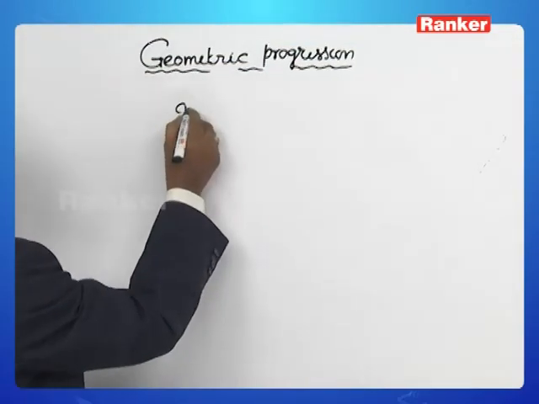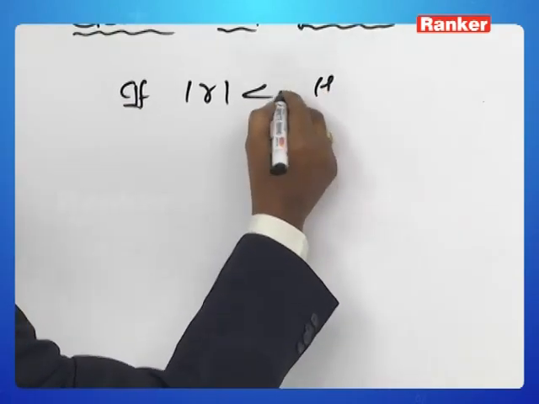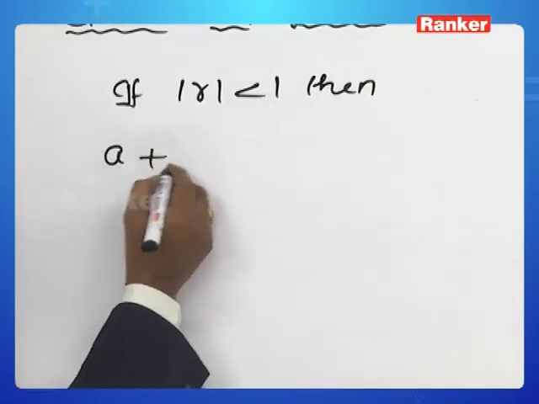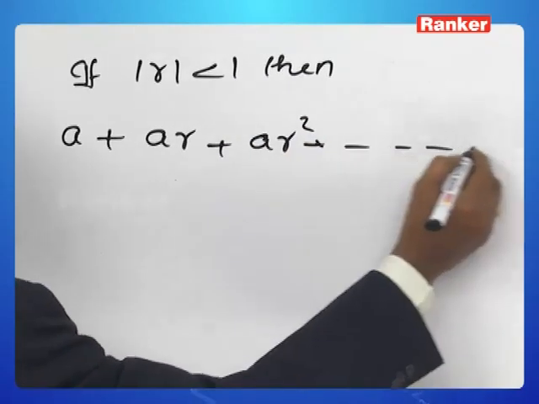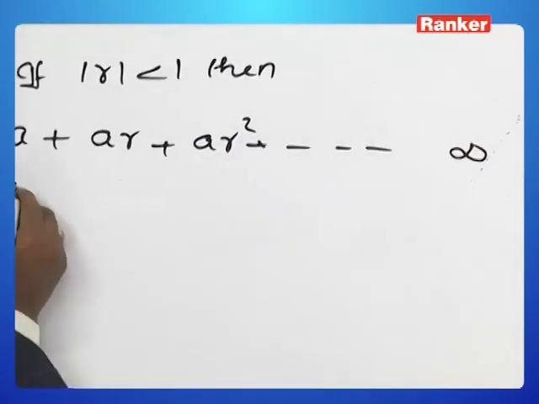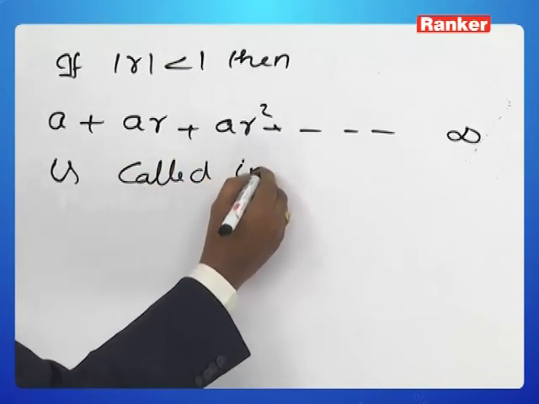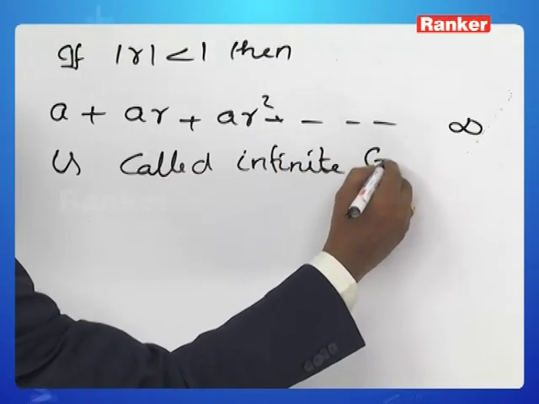If mod R is less than 1, then A plus AR plus AR square plus, and so on up to infinity, is called an infinite geometric progression.